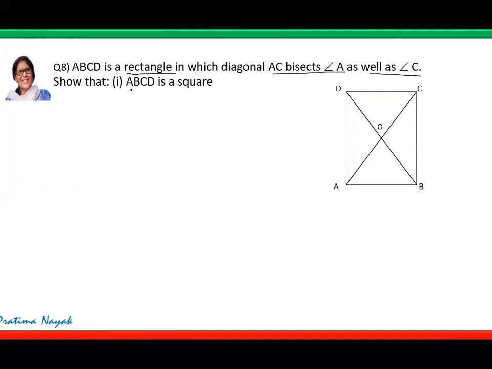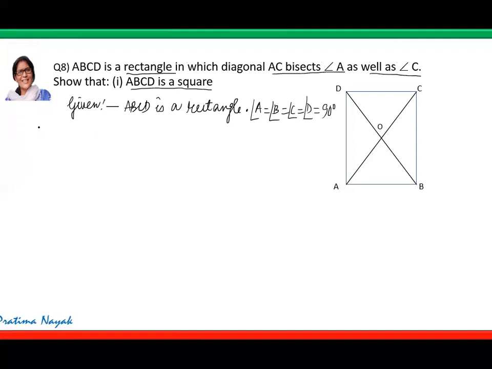For a square, what is the requirement? Sides are equal. You have to show that AB is equal to AD. So given, ABCD is a rectangle. Rectangle means angle A, angle B, angle C, angle D, all are equal to 90 degrees.